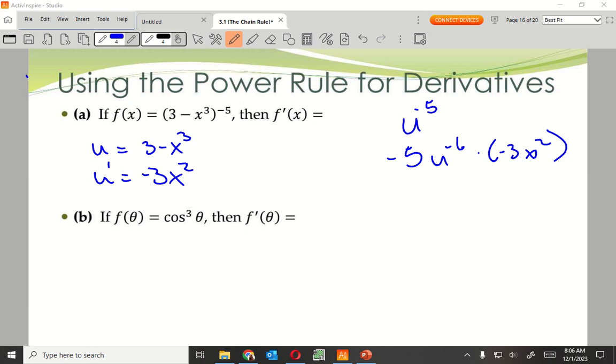And u it back. So let's put our multiplication together and my x squared out front. So that's a positive 15x squared, times my u, which is 3 minus x cubed raised to the negative 6.